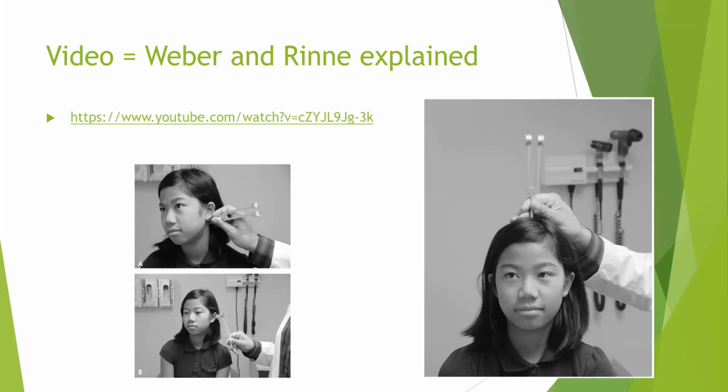So say that the Weber localizes to the right ear. If we're dealing with sensorineural hearing loss, then we can indicate that the opposite ear is the ear affected. But if we're dealing with a conductive hearing loss, then it's going to localize to the side with the conductive hearing loss. So when you put the two together, you really come up with a good idea of what type of hearing loss you're dealing with.